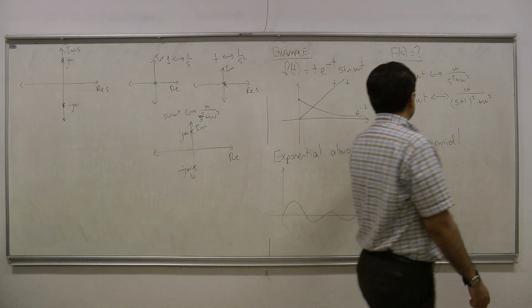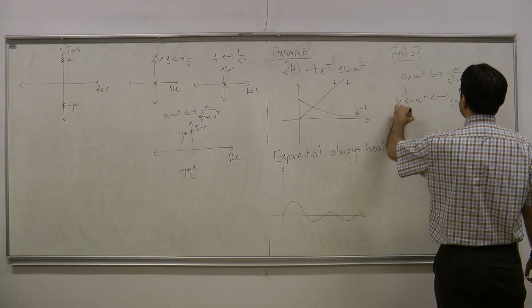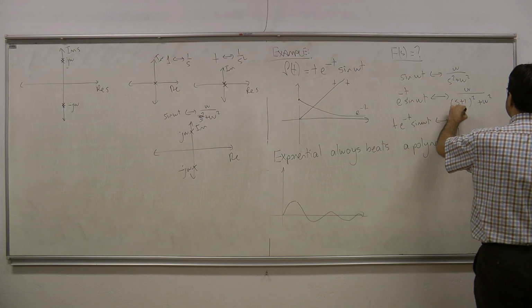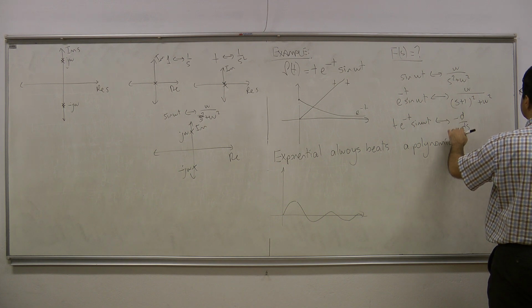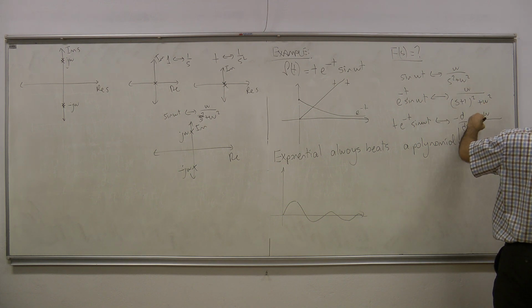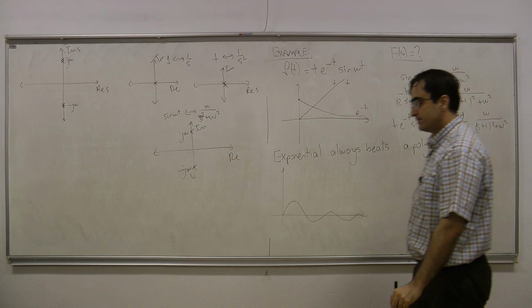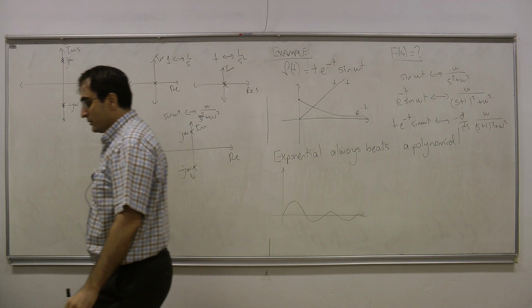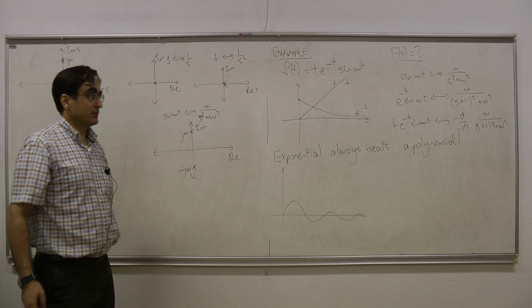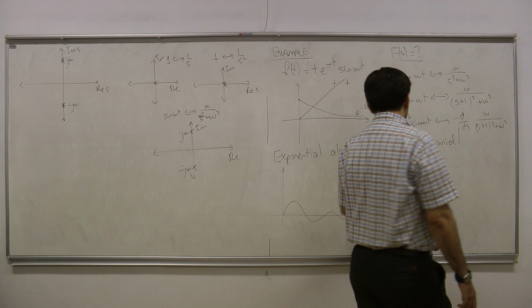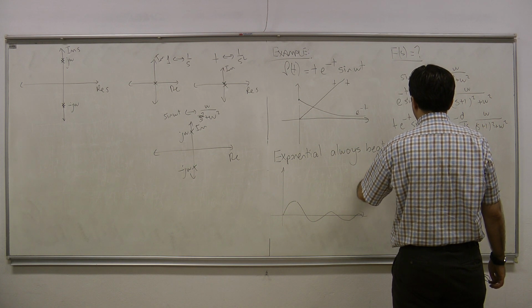And here t times e to the minus t sine omega t is going to be the minus derivative with respect to s of this function, omega over s plus 1 squared plus omega squared. So I need to take the derivative of that function with respect to s once. So let us write minus d over ds.